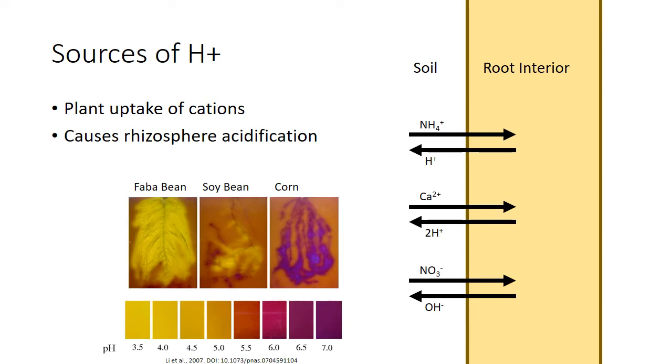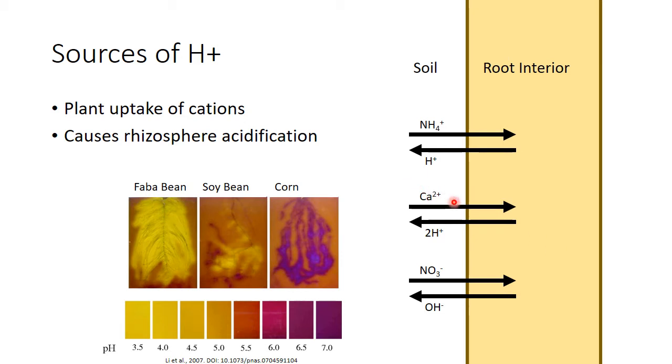Another source of acidity can be plants themselves. In some cases, plants will do this on purpose to provide some benefit in terms of soil fertility. So it might make, say, phosphorus more available as the rhizosphere gets acidified. And that's the case in soybeans and faba beans and other legumes, is as they take in, say, calcium, they are releasing 2 moles of hydrogen. And so here, this tan-colored bar is supposed to be like a close-up of a root.